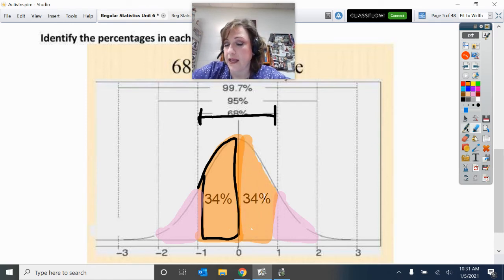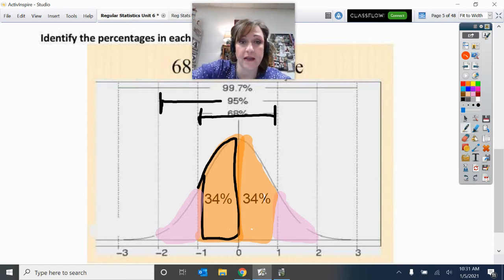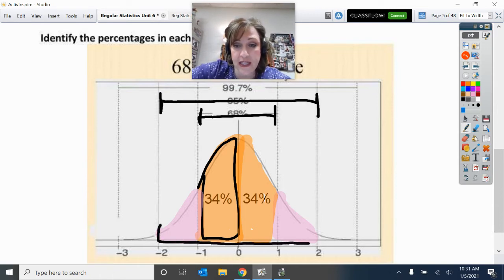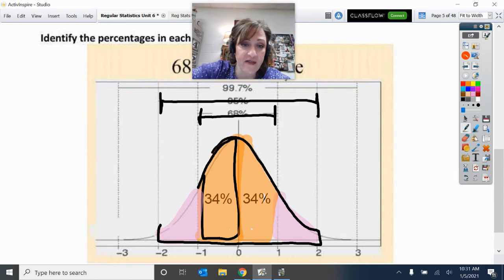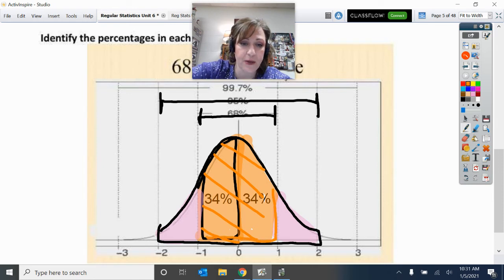In class, I'm going to let my students stew on that and see if they can figure it out, because I think you're smart enough. If from here to here is 95%, what if I take out this middle section that I know to be 68%?